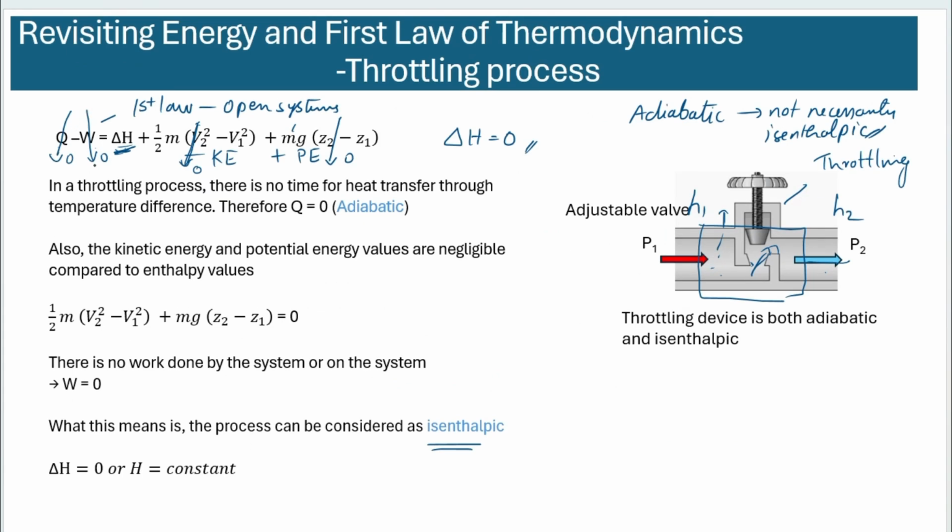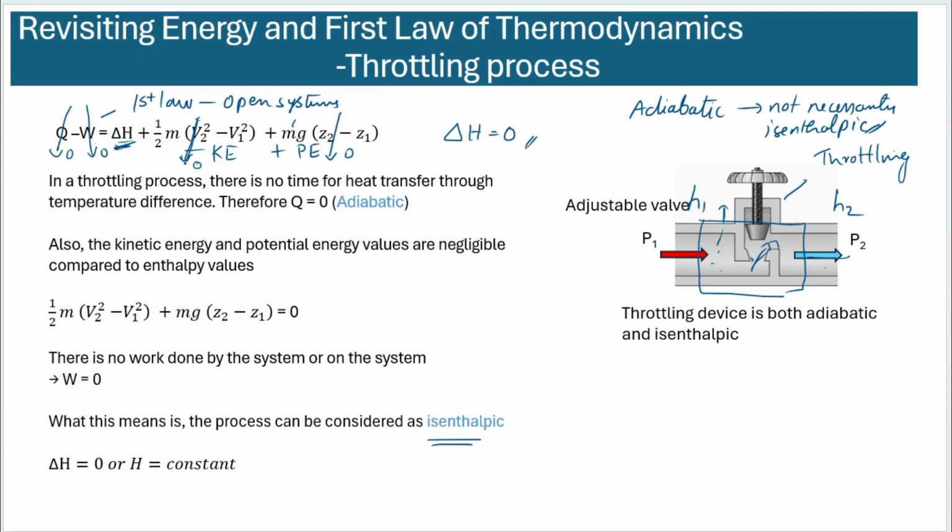We assume that there's no work. We assume that there's no big kinetic energy change that we have to consider. We assume that there's not a lot of potential energy change. And if all three of them are zero, then an adiabatic process becomes isenthalpic. Okay, so all of those assumptions are made whenever you have a throttling valve in refrigeration.